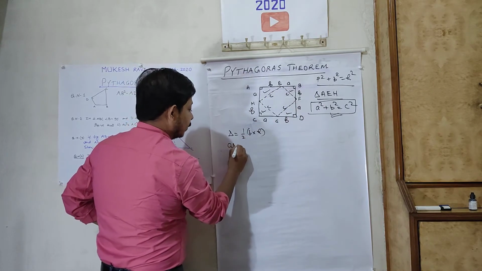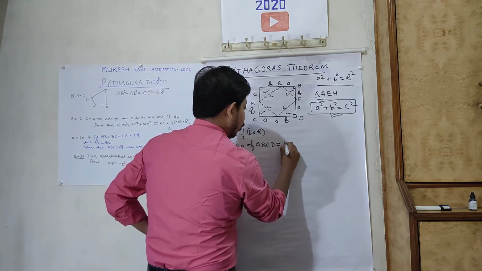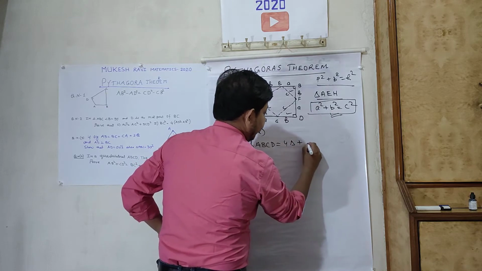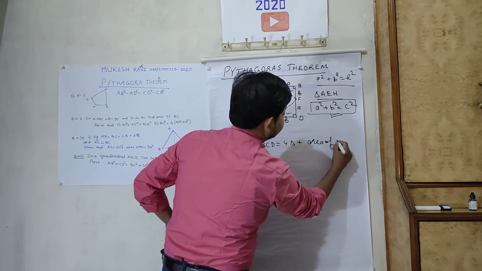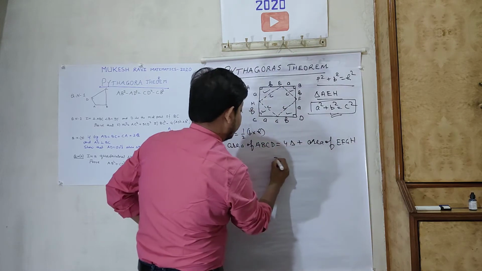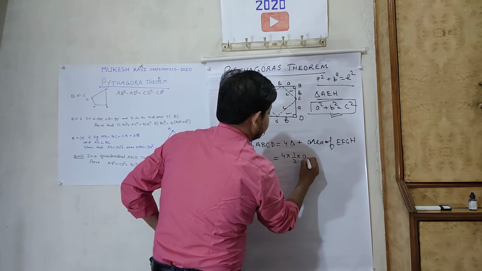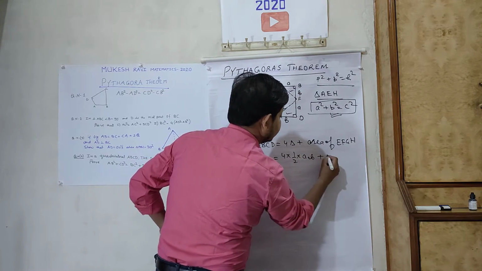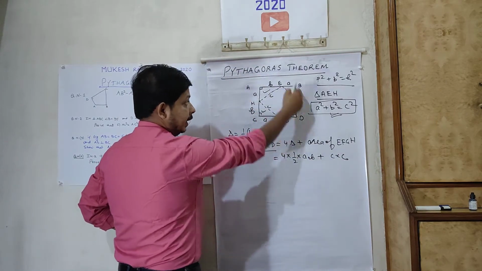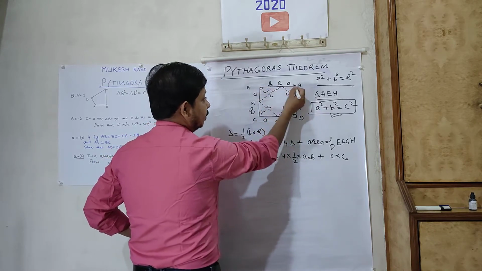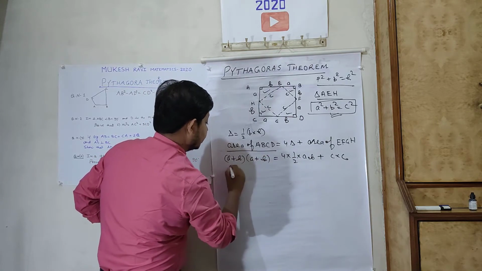So area of ABCD is equal to 4 triangle areas plus area of EFGH. 4 triangles: 4 into 1/2, base is A, height is B, so 4 into 1/2 into A into B, and area of EFGH is side into side, C into C, and area of ABCD is side into side, here side is A plus B, so A plus B multiplied by A plus B. So this is A plus B whole square.